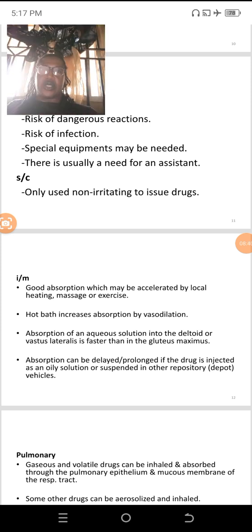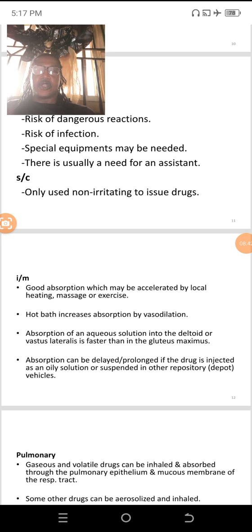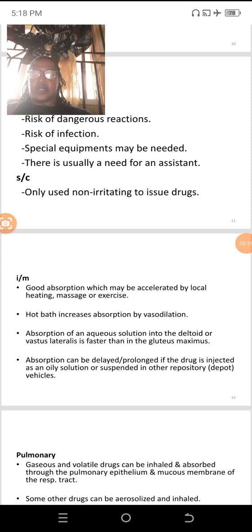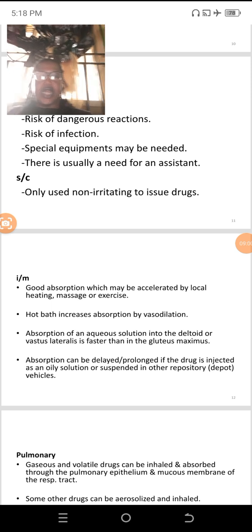Then hot bath also increases absorption of drugs that are administered intramuscularly. We should also know that absorption of an aqueous solution into the deltoid or vastus lateralis is faster than in the gluteus maximus because of more subcutaneous fat in the area of the gluteus maximus.